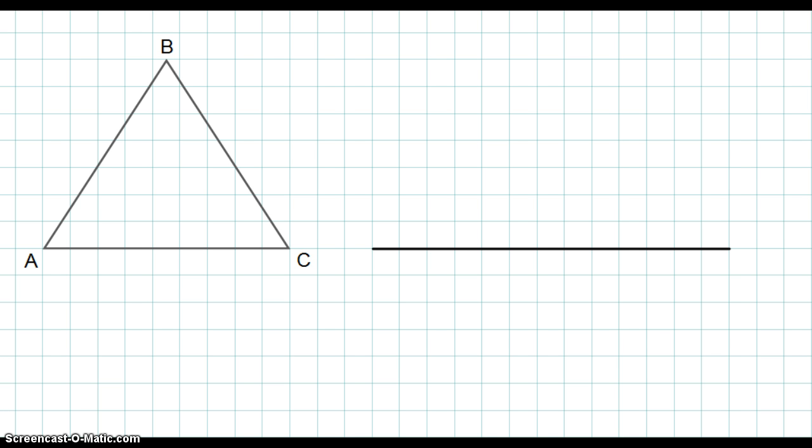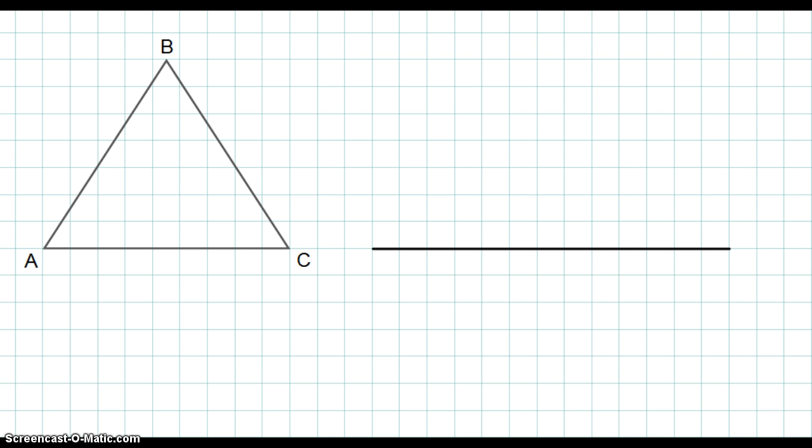Now, SAS, side angle side. So the first thing I want to do is draw a corresponding side to triangle ABC. The second step here is actually also the same as the second step for when we use the SSS way.